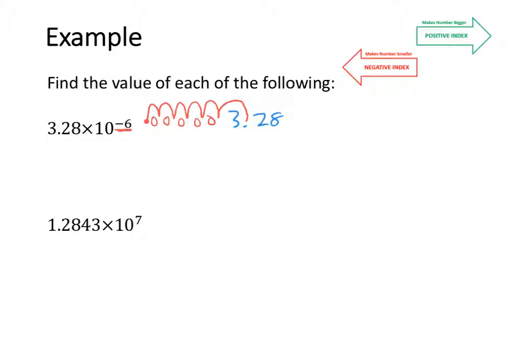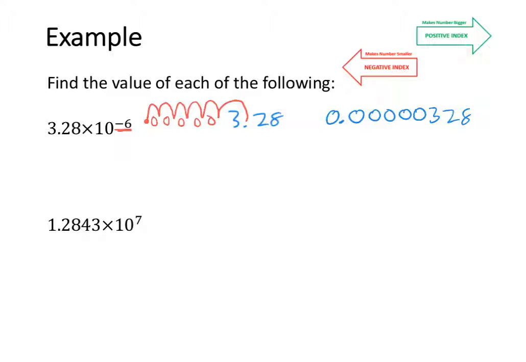So my number in ordinary form is going to be 0.00000328. So again, with the negative index, when I write it in ordinary form, the number is a lot smaller.